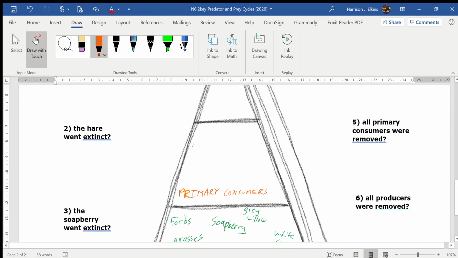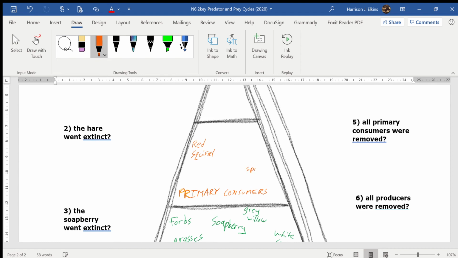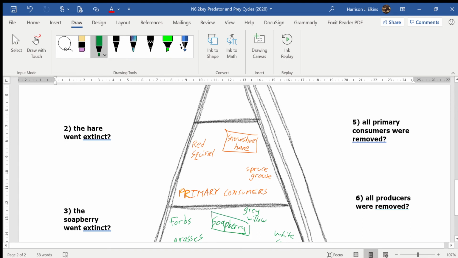We saw things like a red squirrel. We saw a spruce grouse. That's a type of bird. Okay, and we saw the snowshoe hare. That's our big one. Snowshoe hare.